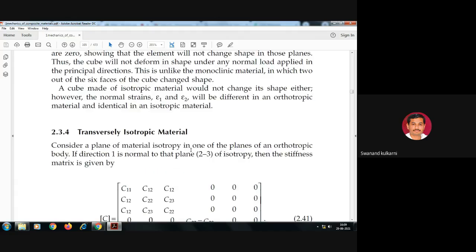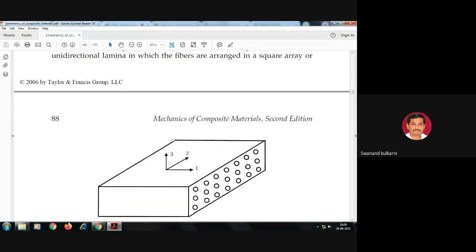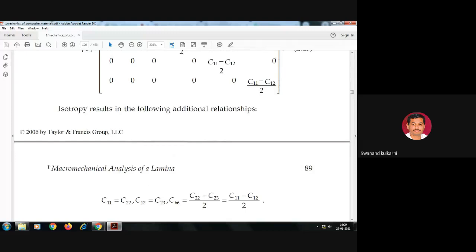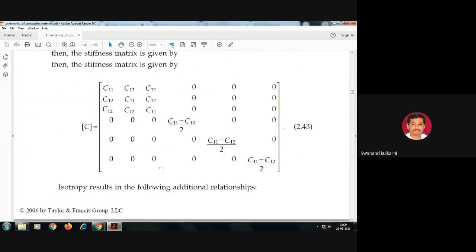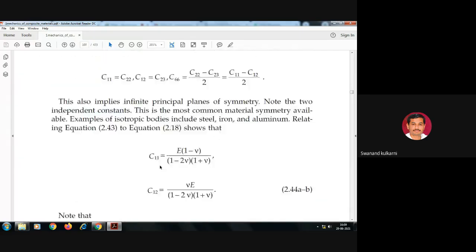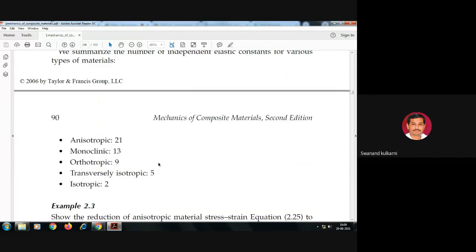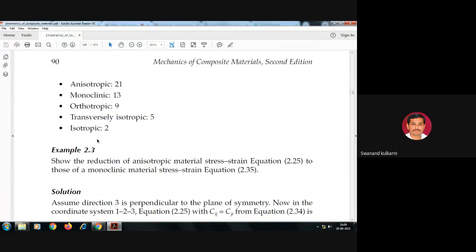But whenever we are understanding the concept of macro mechanical analysis of any lamina, we will have to take the support of all these elastic constants, so that the particular lamina has the behavior of anisotropic, monoclinic, orthotropic, transversely isotropic or isotropic.